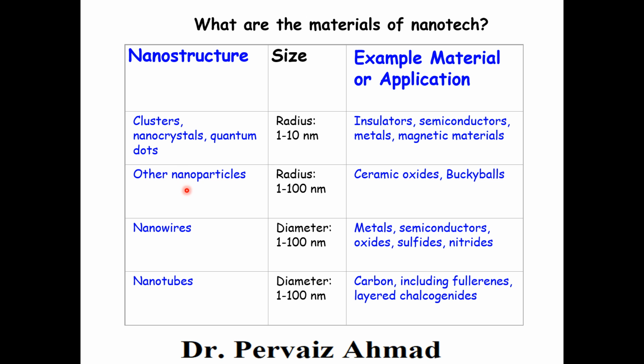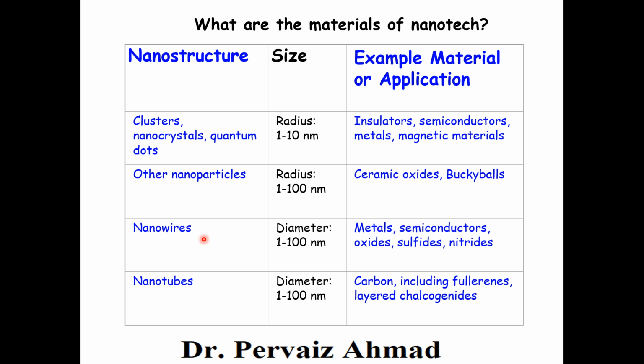So we have nanoparticles. Nanoparticles are called zero dimension material. What does it mean? It means that they have all the dimensions, and the radius ranges from 1 to 100 nanometers, and their examples might be ceramic oxide and buckyball, etc. Then we have nanowires.